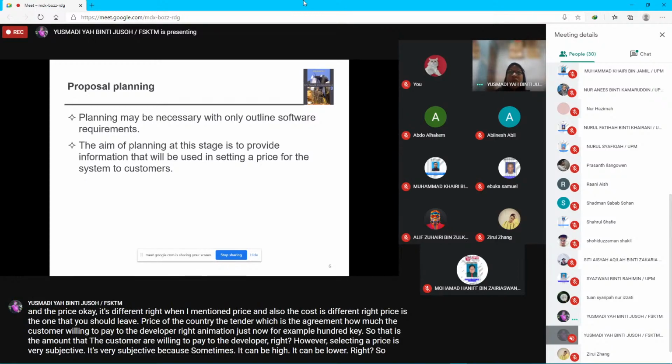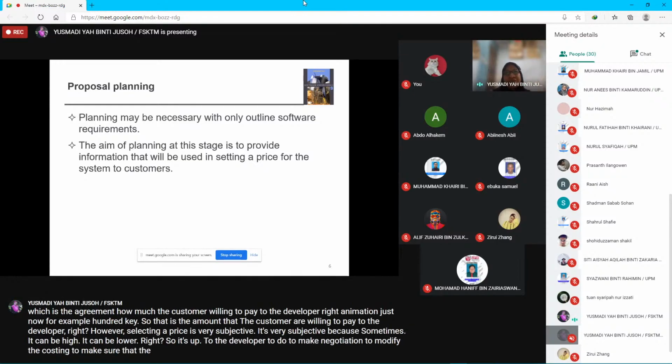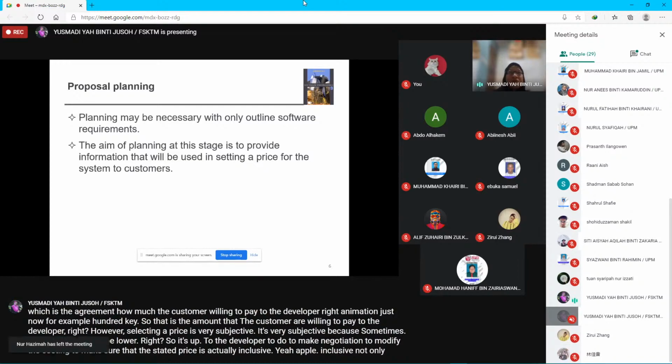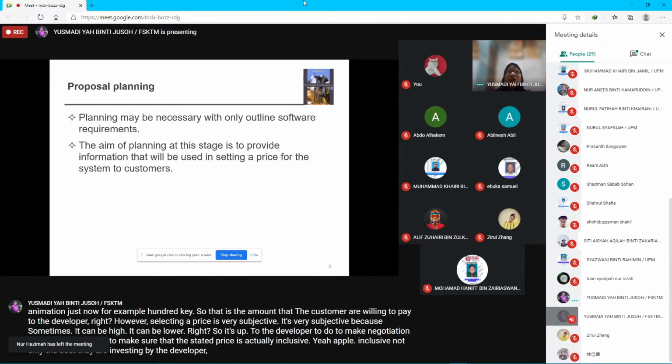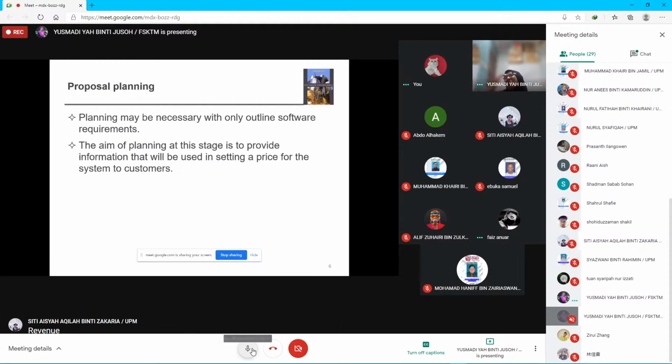So it's up to the developer to negotiate and to modify the costing, to make sure that the stated price is inclusive not only of the cost the developer is investing, but also the profit.